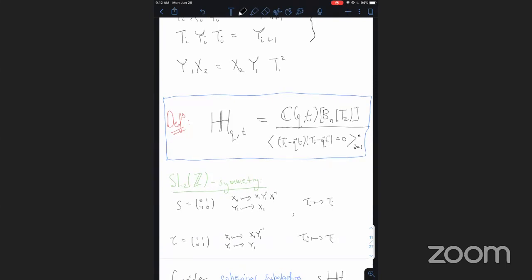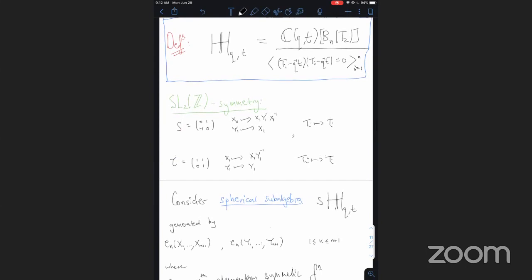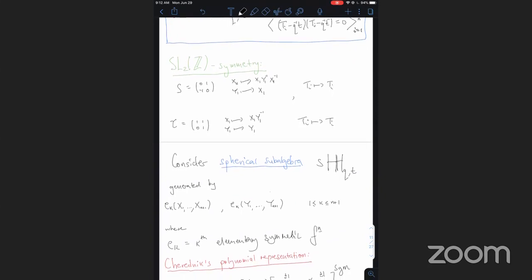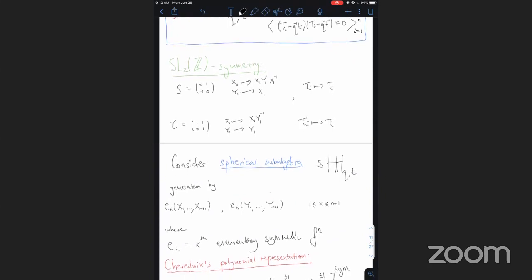Okay. So what we are going to be interested in mostly in this talk is a certain subalgebra of the DAHA called the spherical subalgebra. And one way to think of it is as a subalgebra generated by certain elements, and those elements are going to be the following. So let's write e sub k for the kth elementary symmetric function in some number of commutative variables.